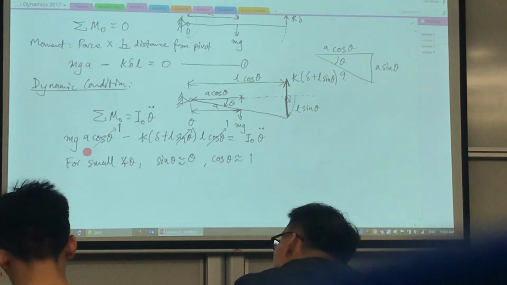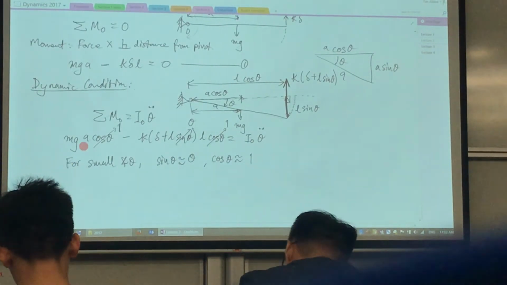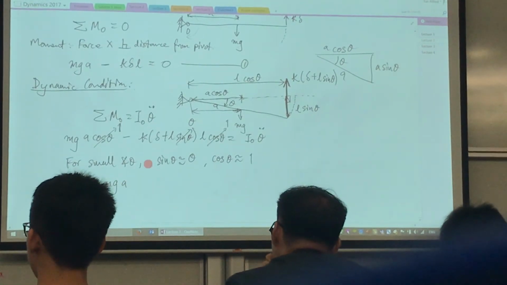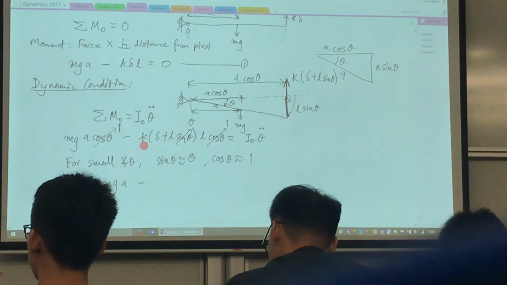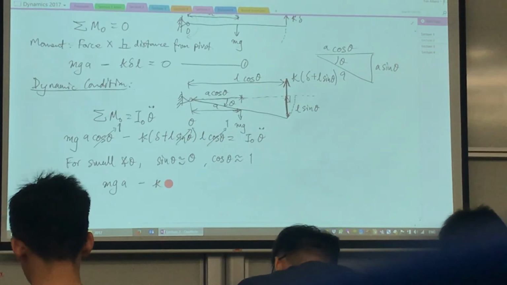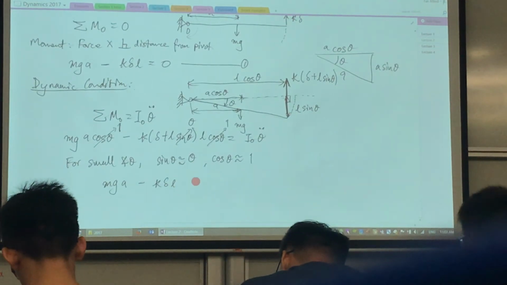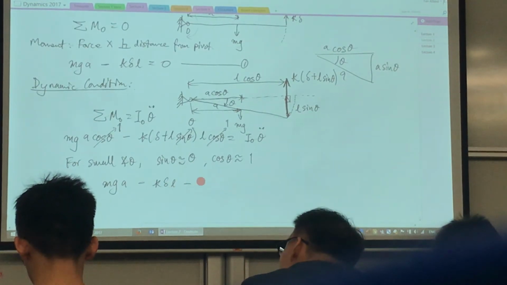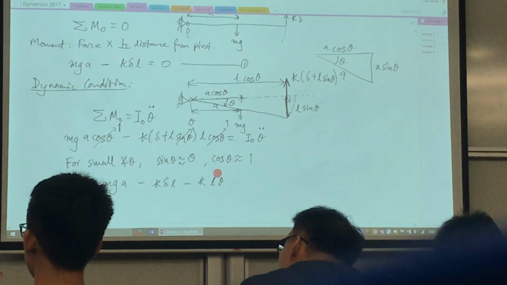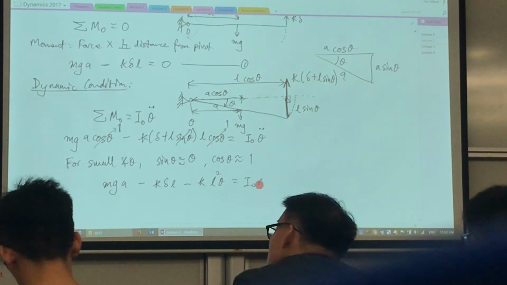So what we'll do is pack up everything. We have this part over here, that will be mg a minus, I'm going to multiply everything together, k sigma L and minus k L theta and then another L, so L squared, equal to I naught theta dot dot.